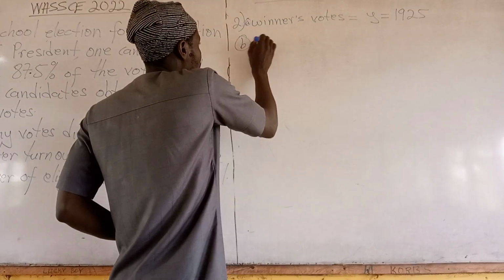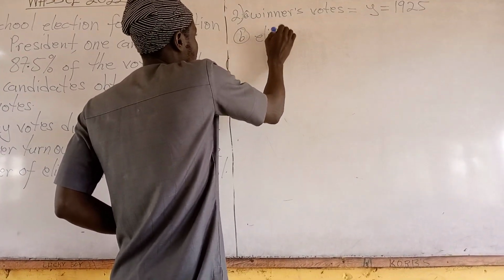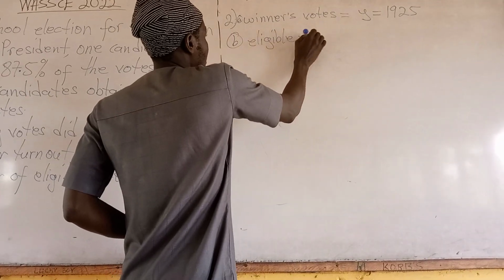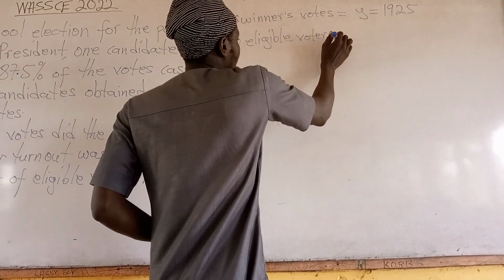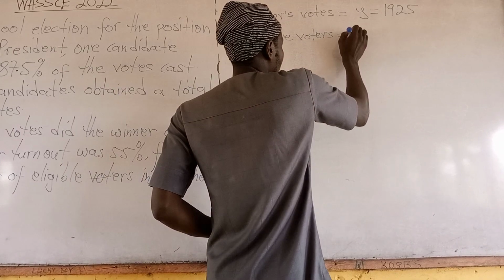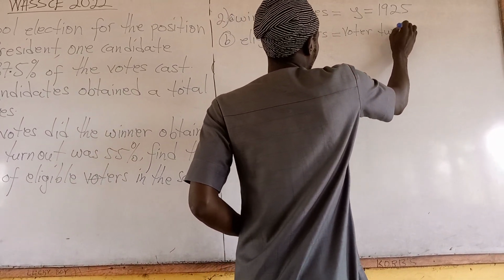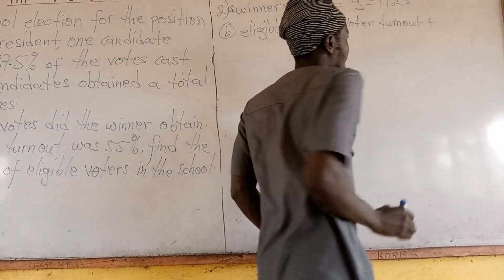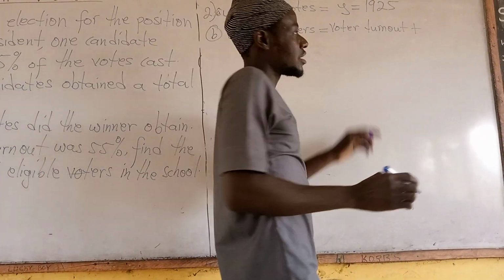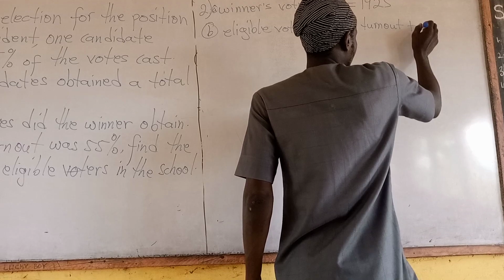So the eligible voters will be equal to the voter turnout plus the absentees.